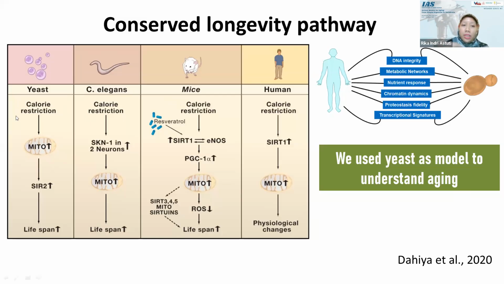But you can see here a number of key regulatory systems, such as mitochondria, or a protein called SIR2, silent information regulation, involved in this longevity pathway. When the cells are treated in a calorie restriction environment, mitochondrial activity will increase, and that will induce the activity of SIR2 protein and increase lifespan. Such a pathway also occurs in C. elegans and in mice.